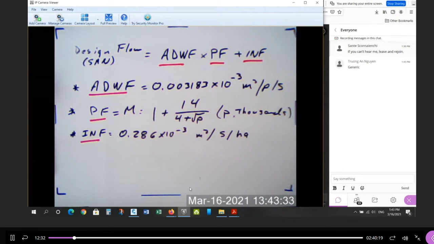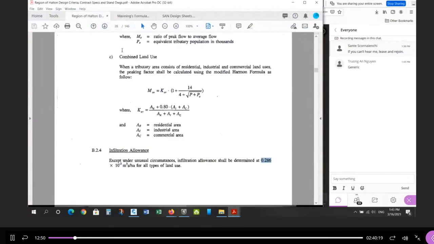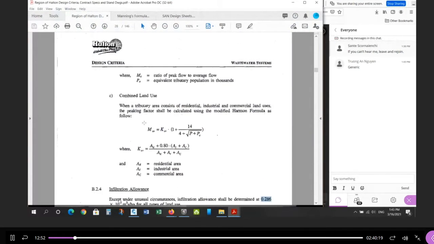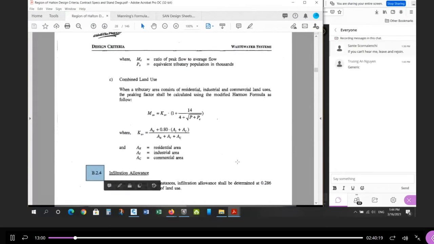Okay. Any questions so far? This should be review for most of you. Okay. And again, for the sake of the third online quiz, you want to be able to cite where this information is coming from. That's why I'm showing you the document, right? If we go back to the Halton standards, the peaking factor comes from the design criteria. So the infiltration comes from the design criteria for the wastewater systems, region of Halton B24.